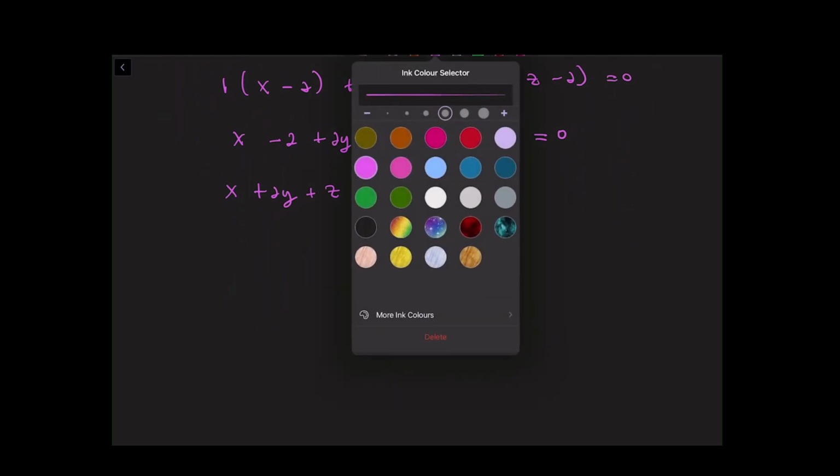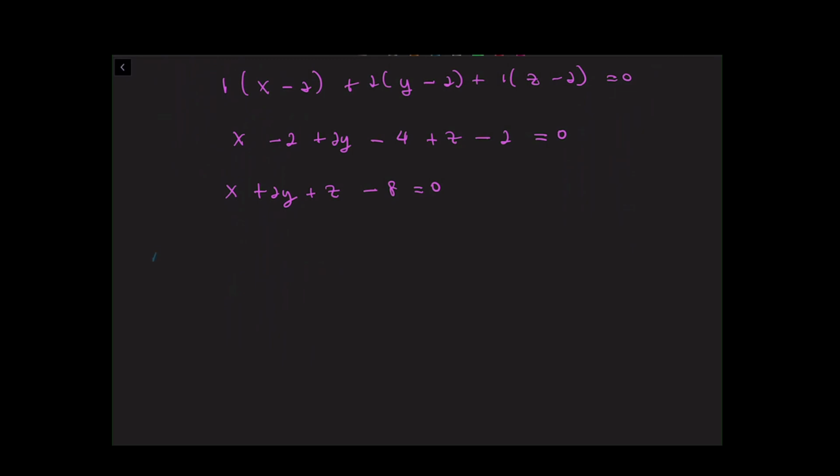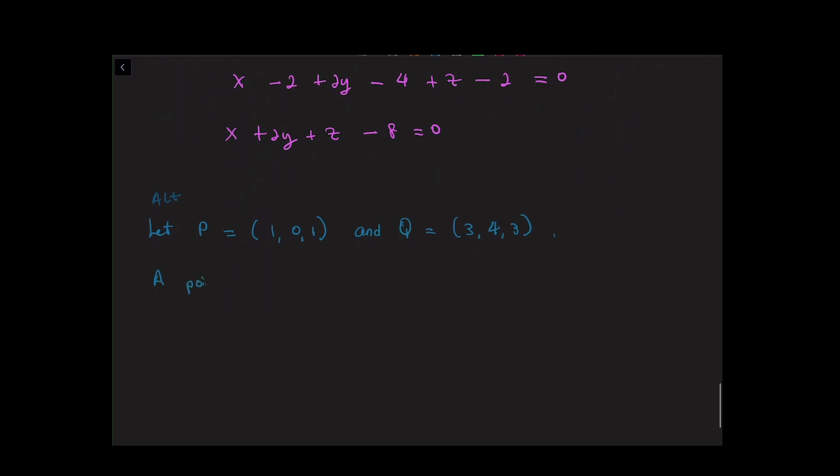Alternatively, we could write instead that we can let P be equal to what we are given and Q equal to another point, and then take another point, let's say a point X, which is (x, y, z), lying on the required plane and must satisfy the following.